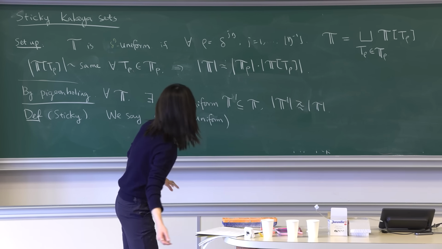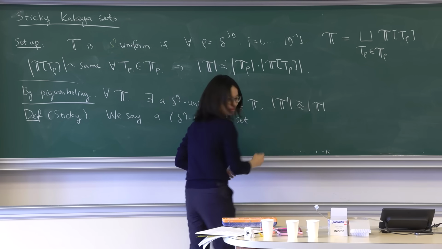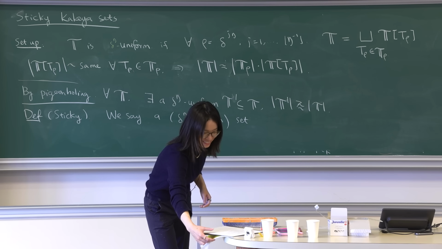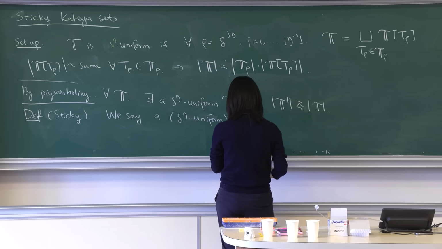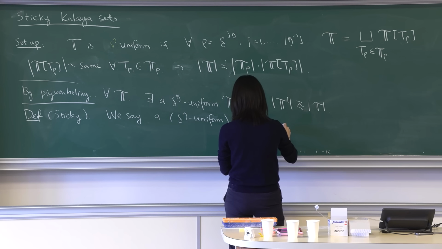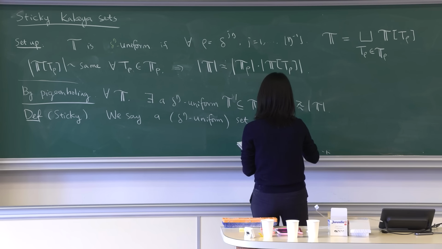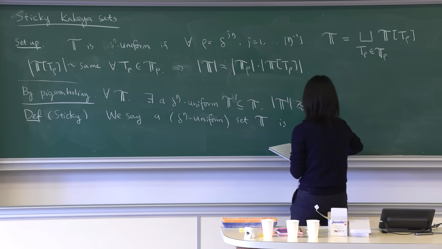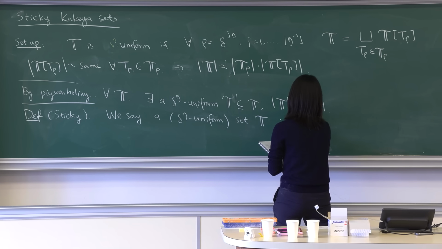Okay, so we say that a delta to eta uniform set of delta tubes T is sticky. Let me also use the notation delta to eta sticky.